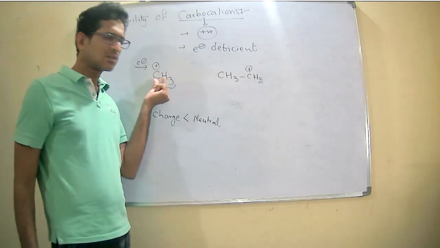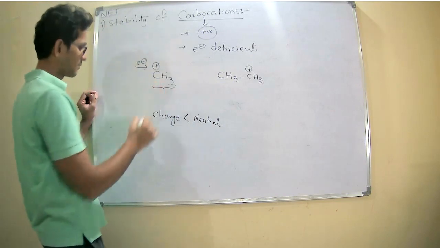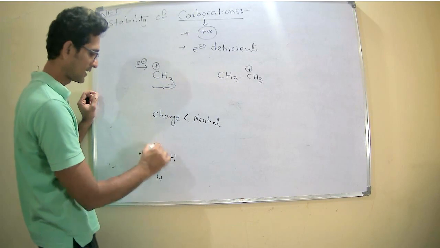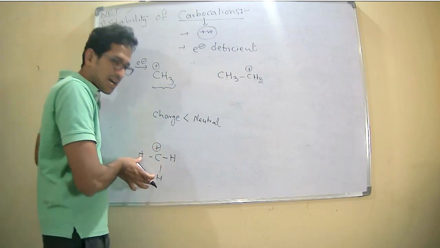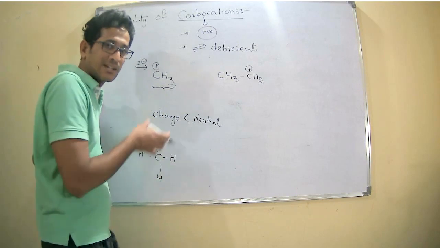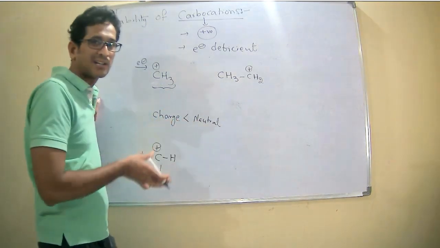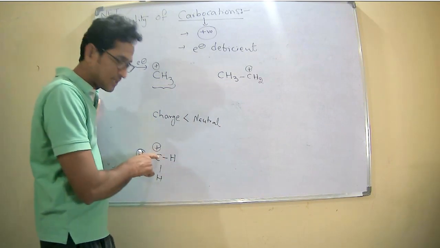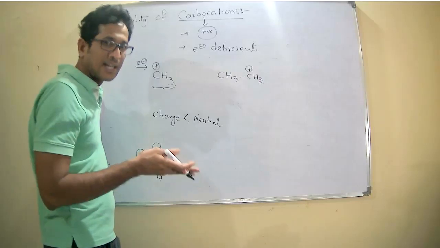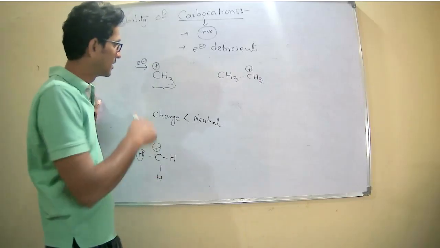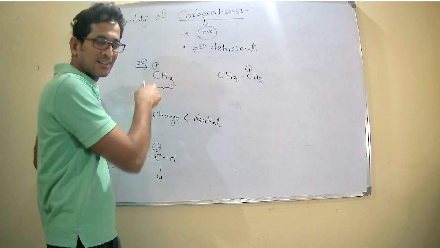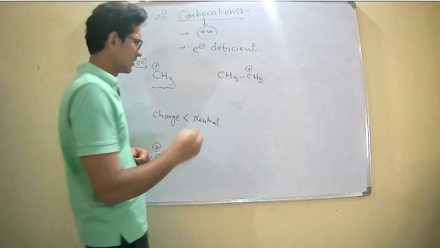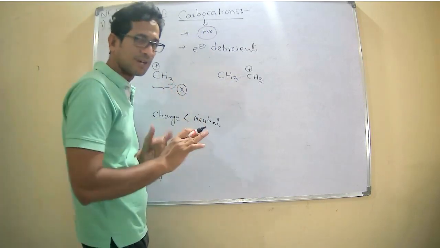But the carbon is surrounded by three hydrogens, and hydrogen is neither an electron releasing group nor an electron withdrawing group. Its influence on this carbocation is negligible. Therefore, the carbocation is not stabilized by any external factor, so it is not very stable.